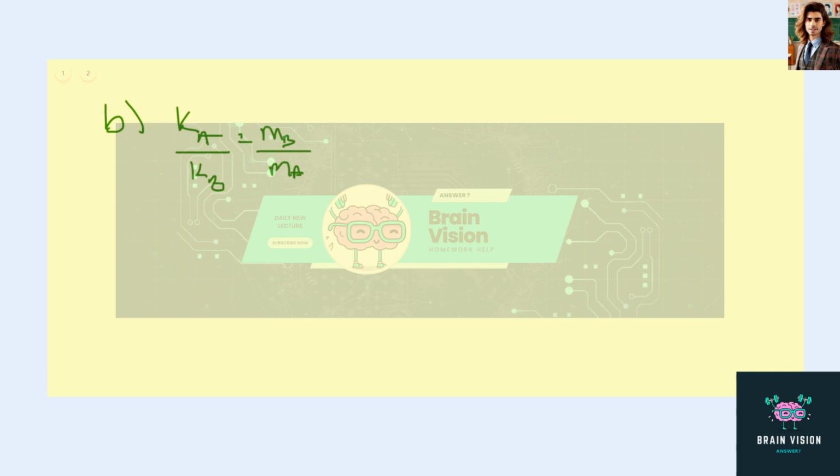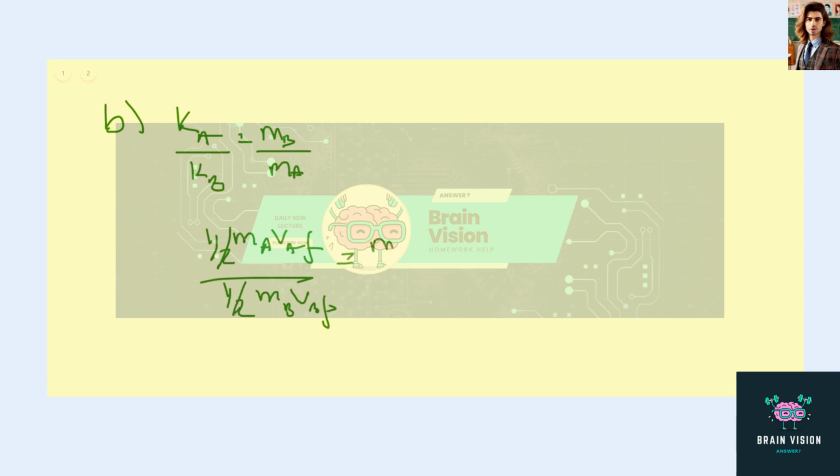So when they split, the kinetic energy of A is 1/2 ma VA final squared over 1/2 mb VB final squared. These 1/2s will cancel out.